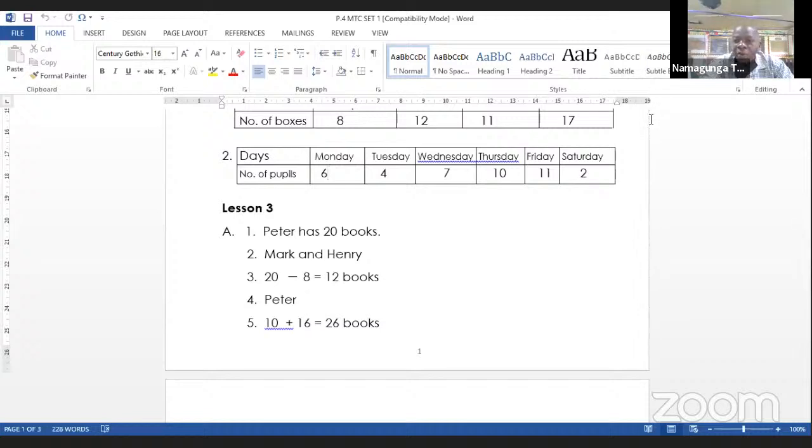Number 3, how many more books does Peter have than Ryan? Nasuna, I'm seeing your hand up.